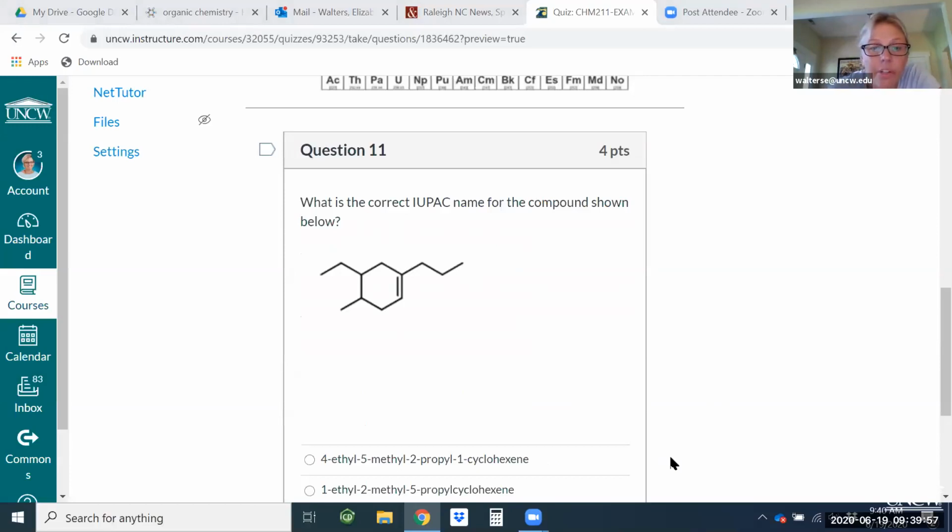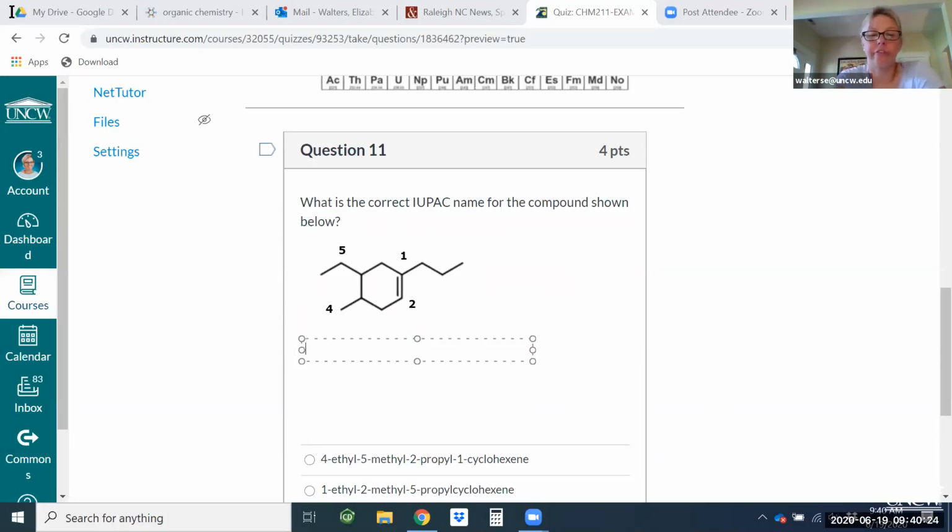I would have put the 1 here and the 2 here so that the pi bond gets the lowest numbers possible, which would put a propyl group also on carbon 1. 3, I would have put 4. Now, if I'm wrong, then I'll have to figure that out.